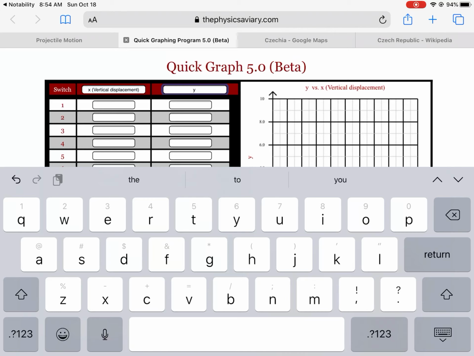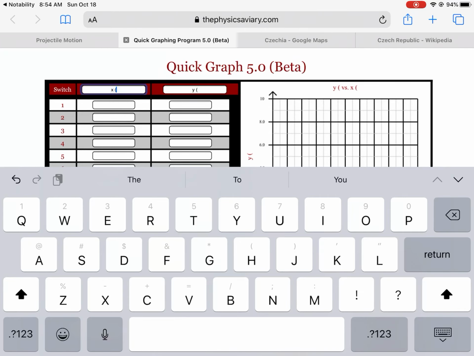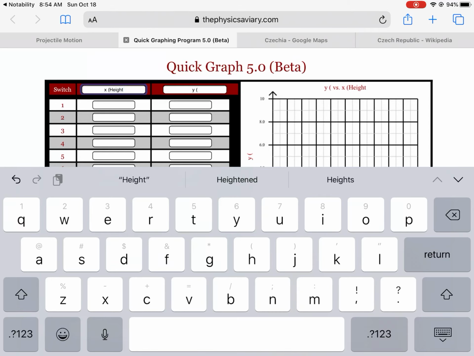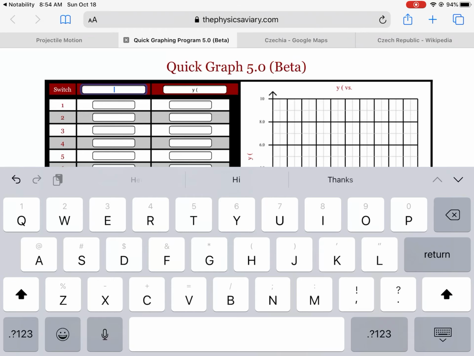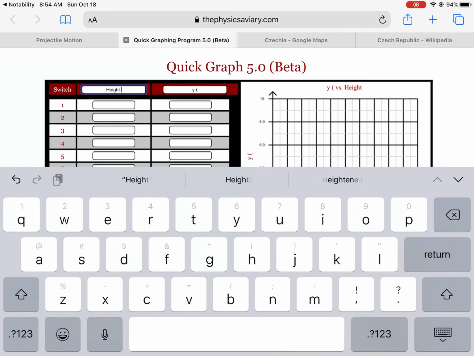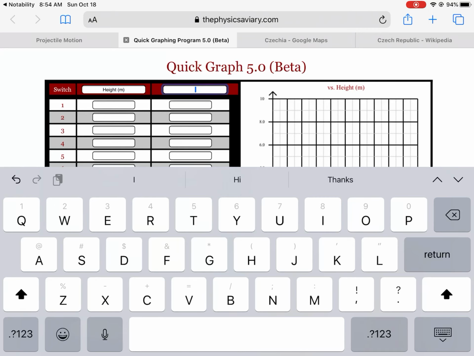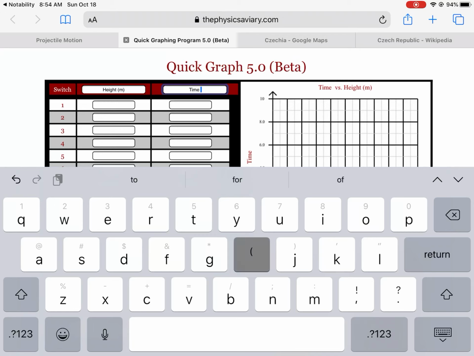You know what, let's be technically correct, because vertical displacement would be negative. So we don't want any negative values on the x-axis. So let's just write height. The height is the same thing as the magnitude of the vertical displacement. So we'll just write height in meters. And then our y-axis is time measured in seconds.